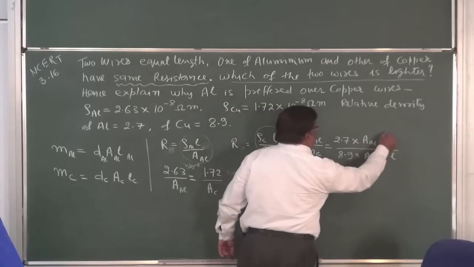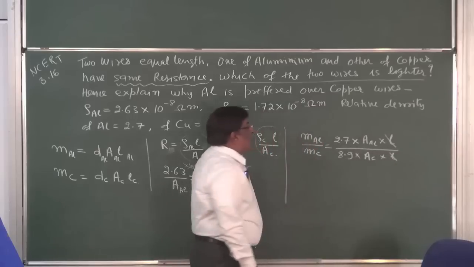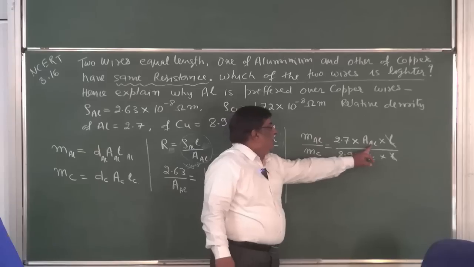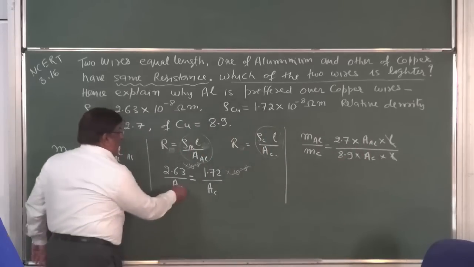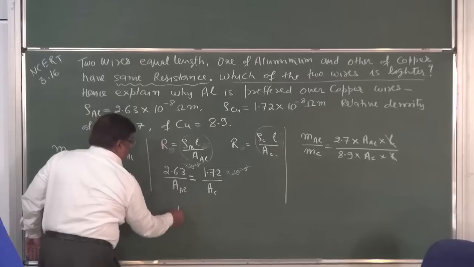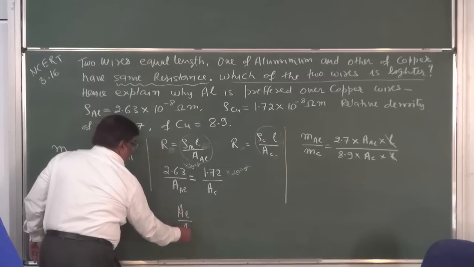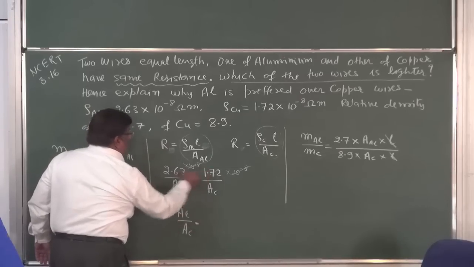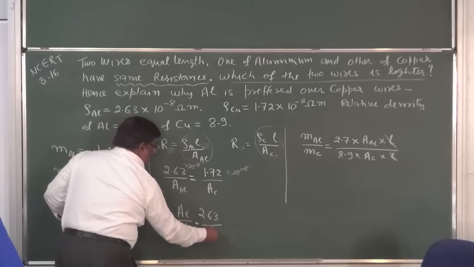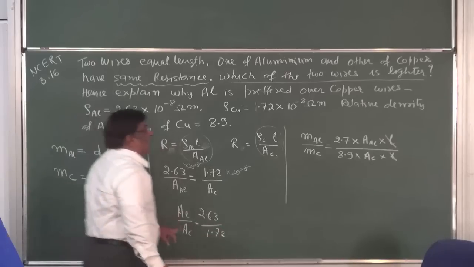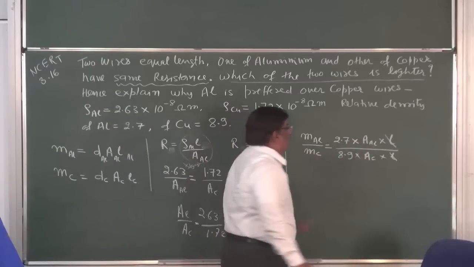Since these two lengths are equal, they cancel. And what we get? 2.7 AL upon AC. ये देखिए, this comes here, AL upon AC is equal to 2.63 upon 1.72. ये AL upon AC की वैल्यू हम यहाँ रख देंगे.